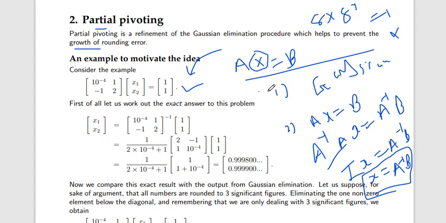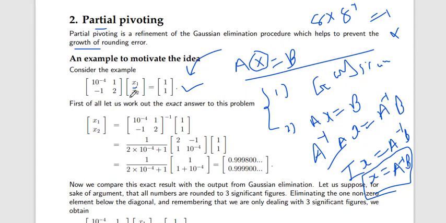First is Gaussian elimination, second is this method. We will solve this linear equation with these two methods and see whether the answers are the same or different. But if you solve a linear equation by any method, the answer will remain the same.